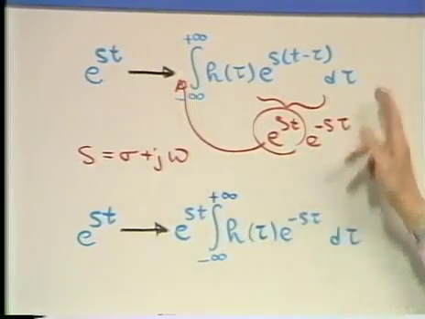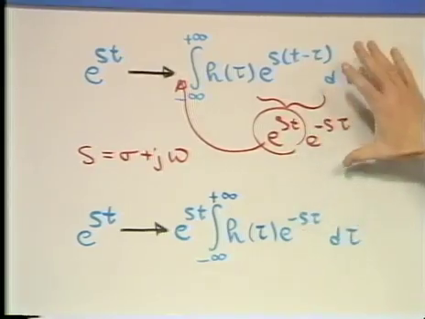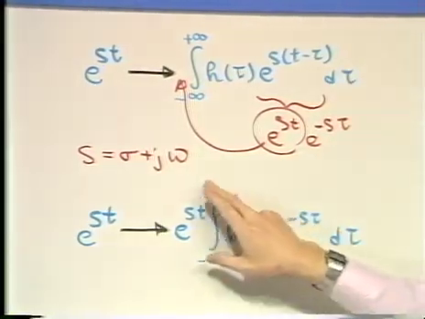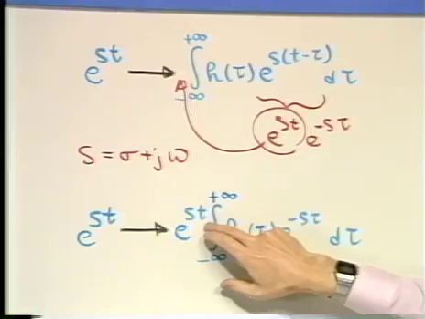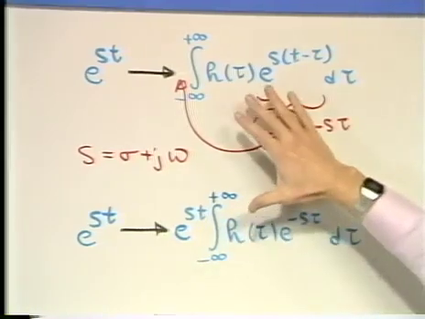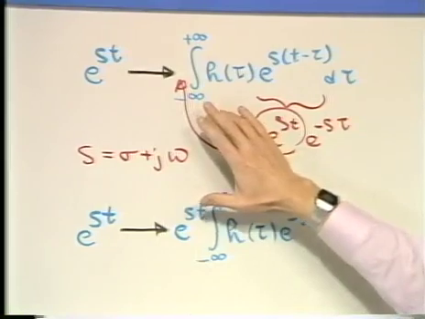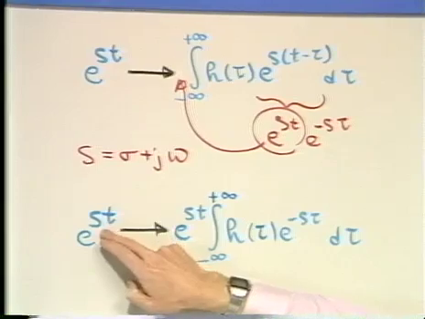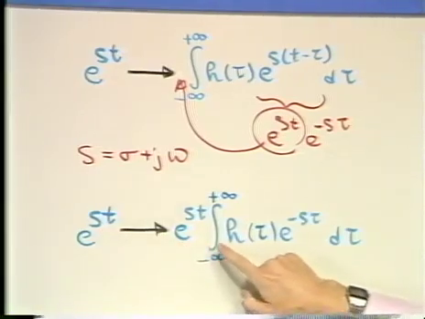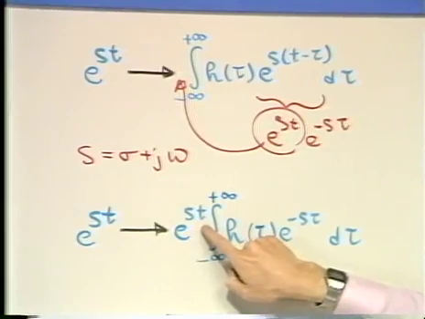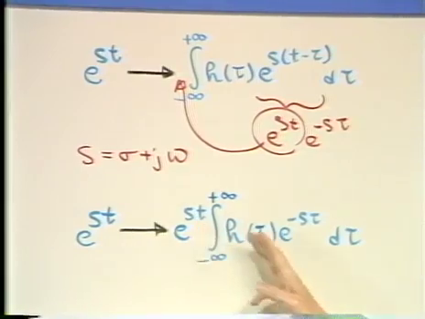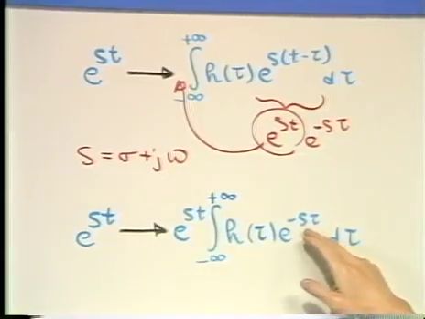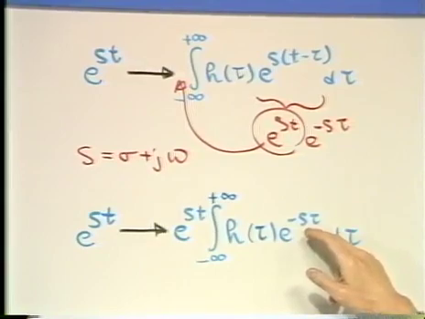And consequently, just carrying through that algebra would reduce this integral to an integral with an e to the st factor outside. What we would conclude is that a complex exponential with any complex number s would generate as an output a complex exponential of the same form multiplied by whatever this integral is. And this integral, of course, will depend on what the value of s is, but that's all that it will depend on.